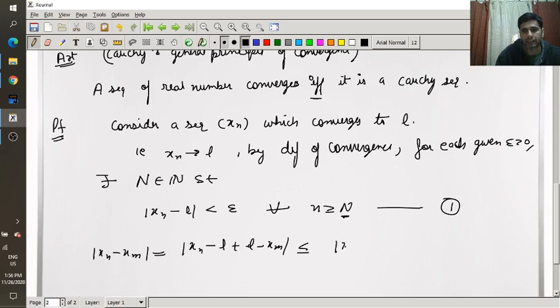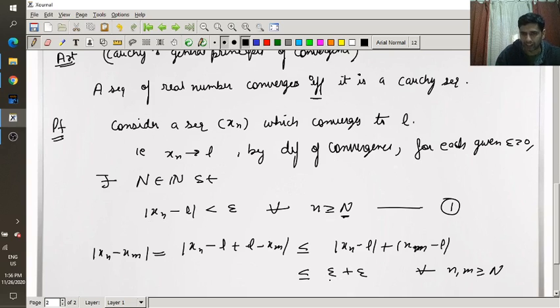This can be less than or equal to |xn minus L| plus |xm minus L|, right? So now this will be less than or equal to epsilon plus epsilon for all n, m greater than or equal to capital N, because सभी n जो capital N से बड़े हो, उनके लिए ये कंडीशन होल्ड करेगी.